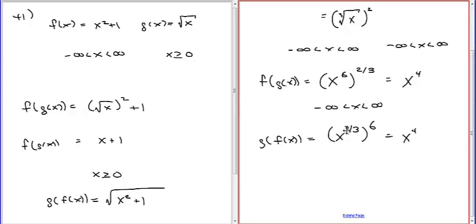And again, this x can take on any value in here, which will end up always giving you a positive number. And you can always take a positive number to the 6th power. So in this case, the domain for all cases is all real numbers. And we'll just check that out. Yep, it simplifies both cases to x to the 4th.